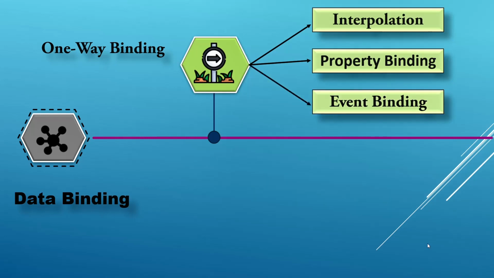And then you have event binding. Event binding means data going from HTML to the TS file. Let's say you have one login button. After clicking on the login button, you need to go somewhere or run your function. With the help of event binding, you can do that.